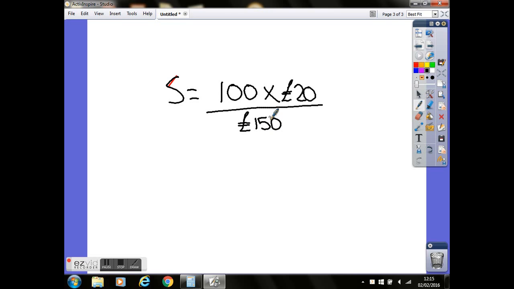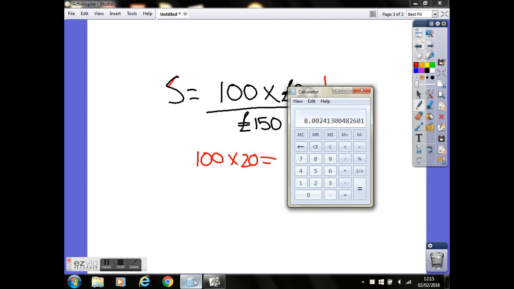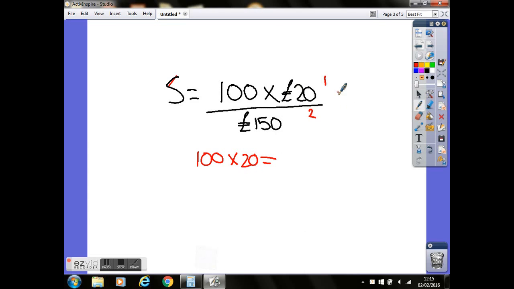And again, I'll do this in two stages on your calculator, so you're not having to work everything out at once and making a bit of a mess of it. So the first part, 100 times 20, so what's that going to equal? It's 2000.